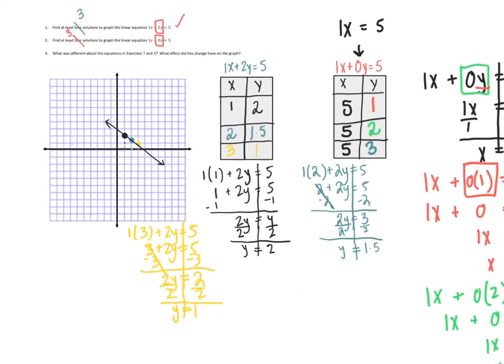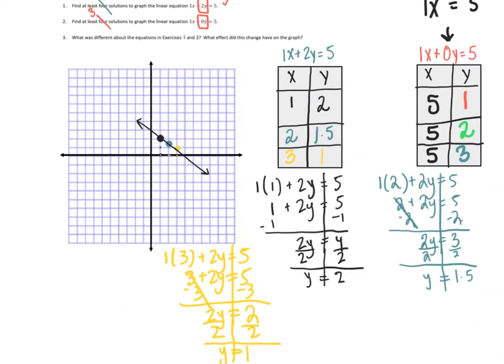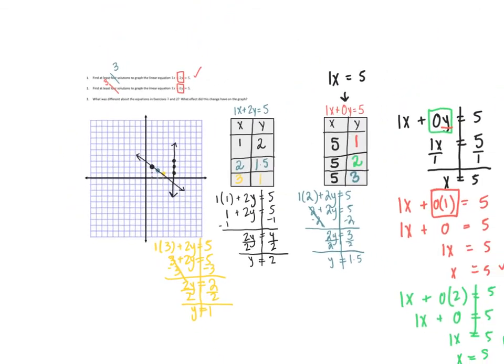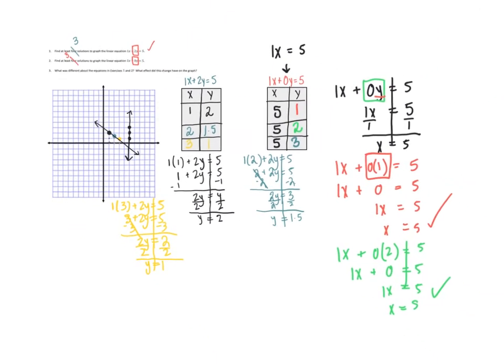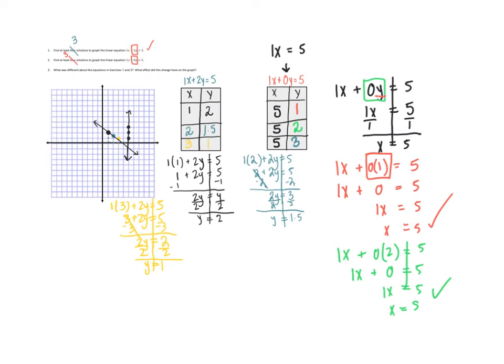So I'm going to go ahead and graph these pairs. So I have 5, 1: over 1, 2, 3, 4, 5, up 1. I have over 5, up 2. I have over 5, up 3. And I'm sure this would just keep going on and on. So what I've noticed here is that when I simplify this equation, it becomes 1x equals 5.